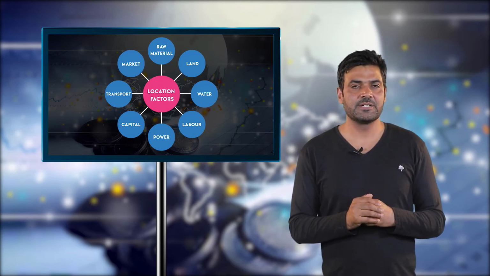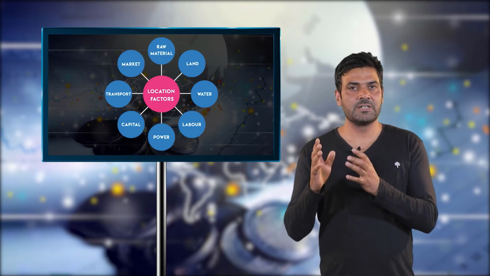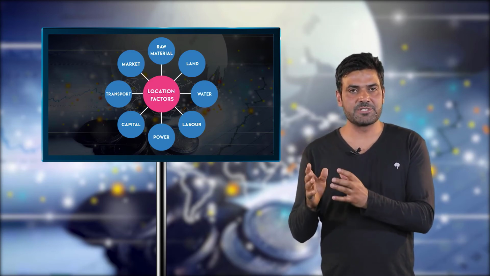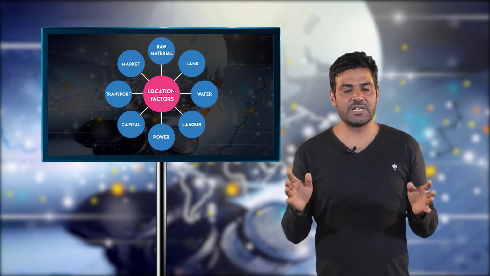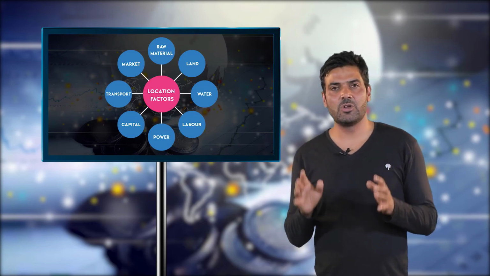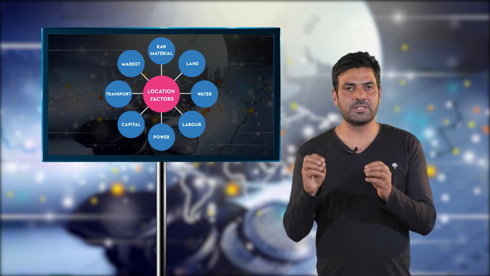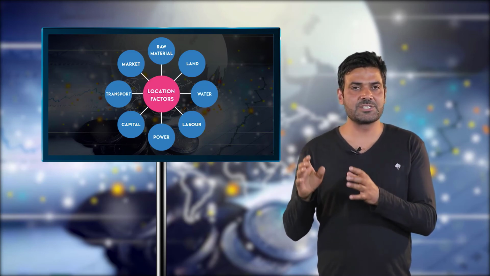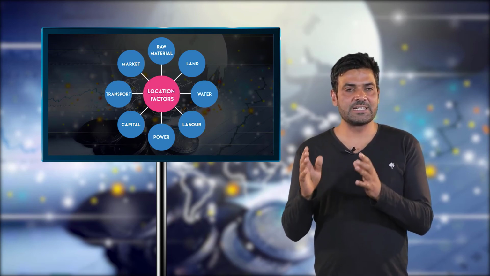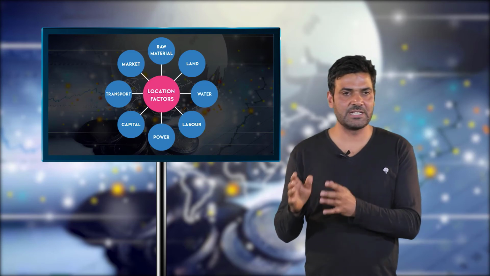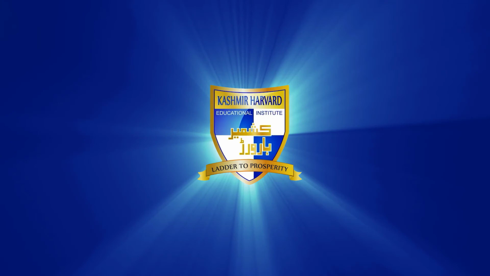Sometimes the government provides incentives like subsidized power, low transport cost or other infrastructure, so that the industries are located in the backward areas, because often industrialization leads to the development and growth of towns and cities. So we are done with the second topic of this chapter as well, which was the factors affecting the location of the industries.